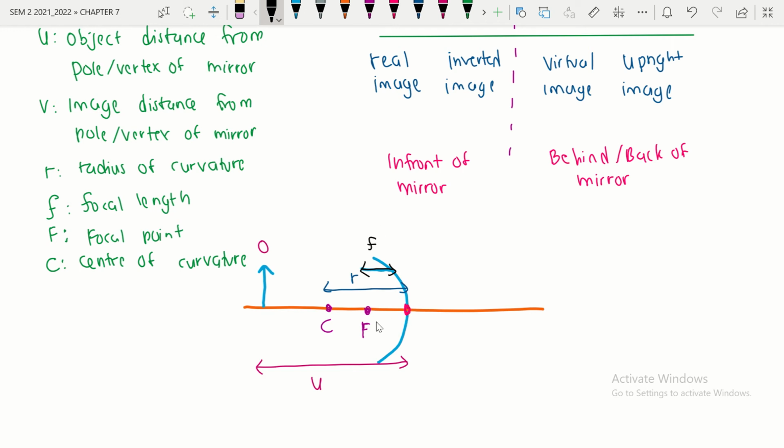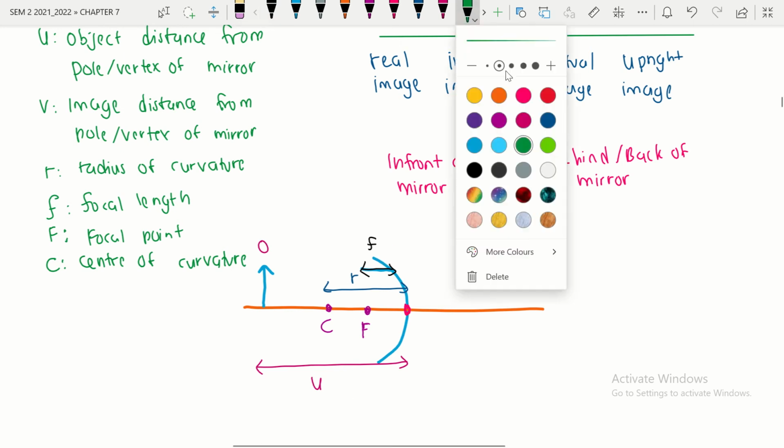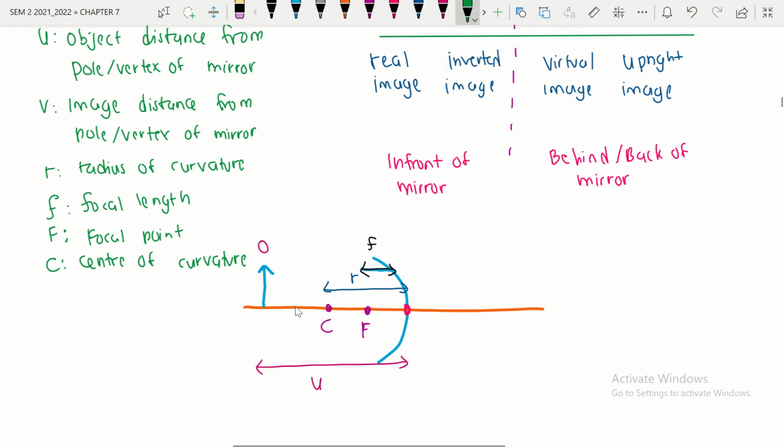So this is our focal point. Okay, contoh, Miss tak tahu image Miss kat mana, so Miss tak draw lagi Miss punya ray diagram. Okay, for example, awak dapat image dekat sini. For example, this is your image. So, daripada image sampailah ke awak punya vertex of mirror, ini adalah image distance. Dia adalah V. Kita kata dia image distance.